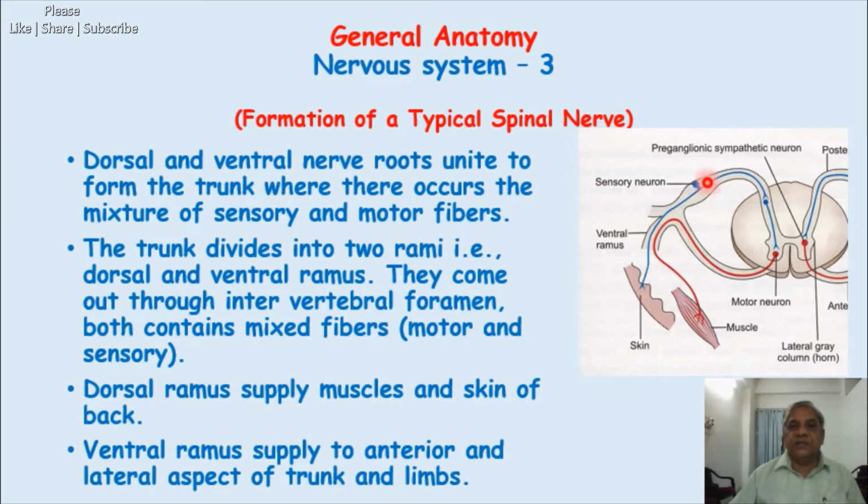The sensory fiber is shown in blue and the motor fiber is shown in red. Now the ventral rami as well as the dorsal rami will contain mixed fibers. Some fibers will be motor, some will be sensory, while they separate out in the roots. The ventral root contains only motor fibers and the dorsal root contains only sensory fibers.